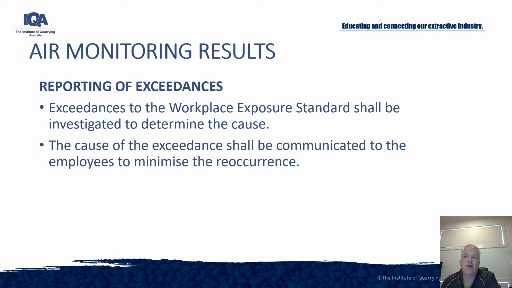This is where the personal field sheets again are very important, where they can highlight that information to say, well, this is what I did, this is how I was doing the work, this is when I was doing the work, this is equipment that I was working on. So if there is an exceedance, we've got that information readily available, and it makes the investigation a lot more streamlined and less cumbersome to complete.